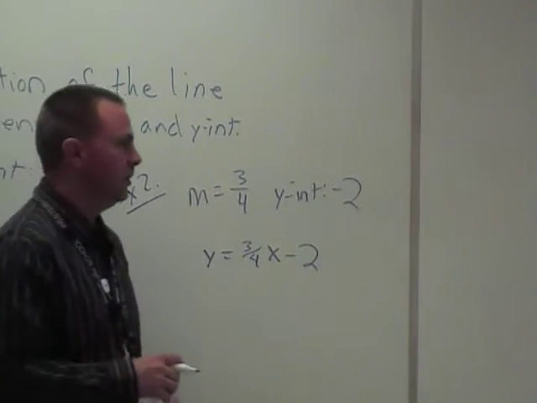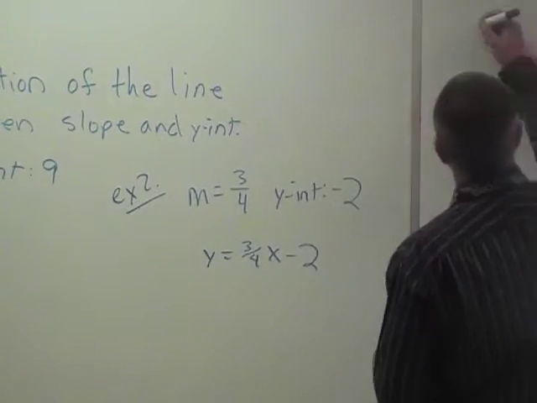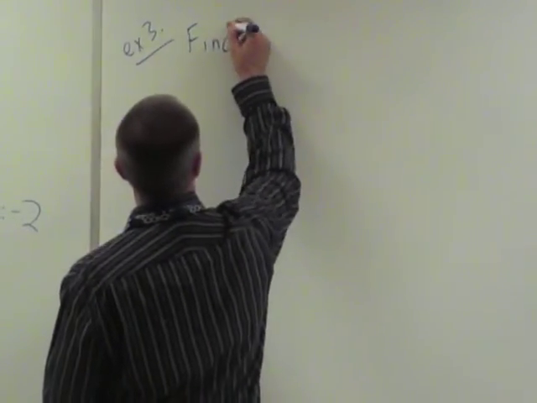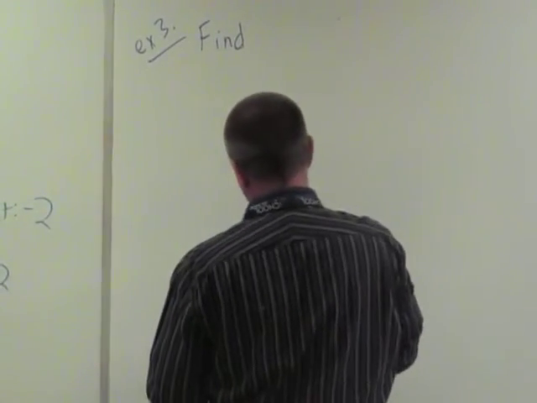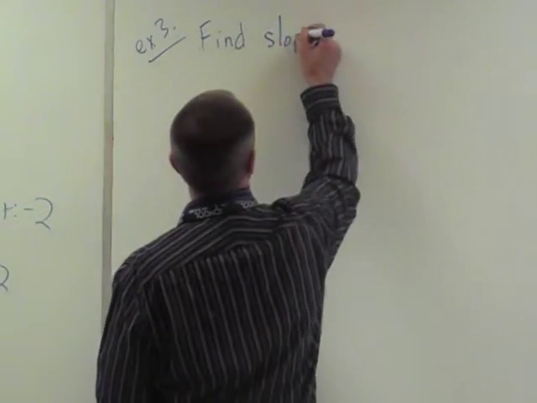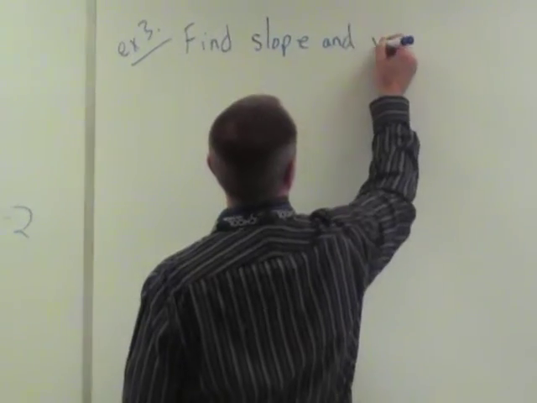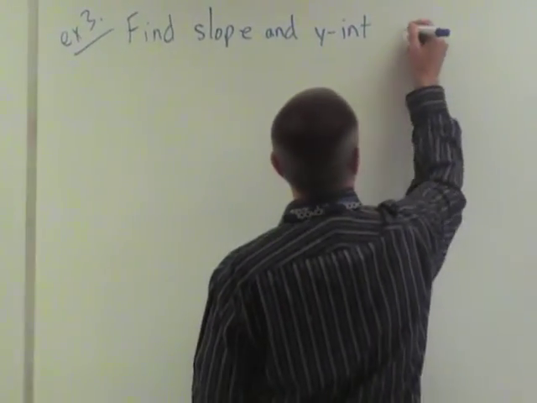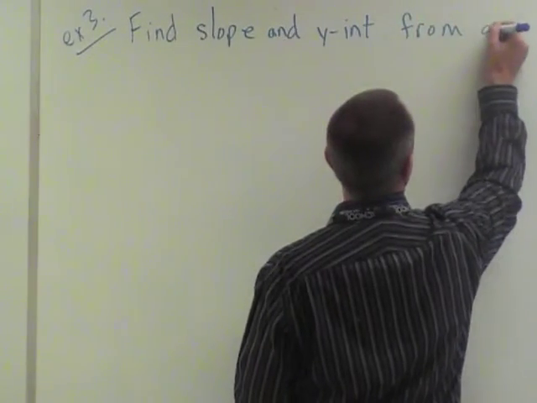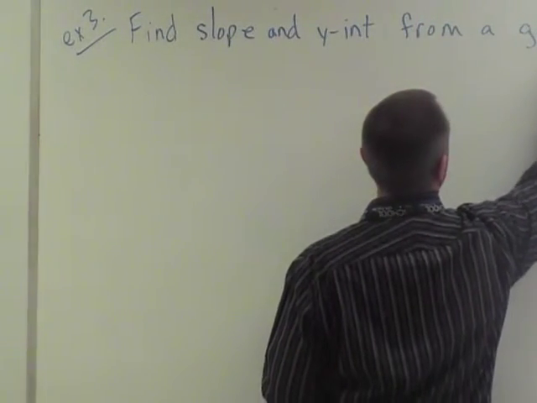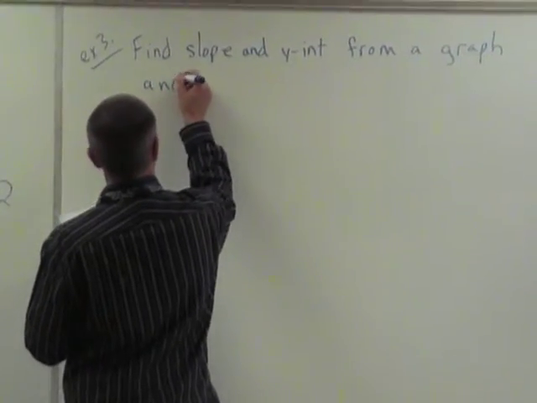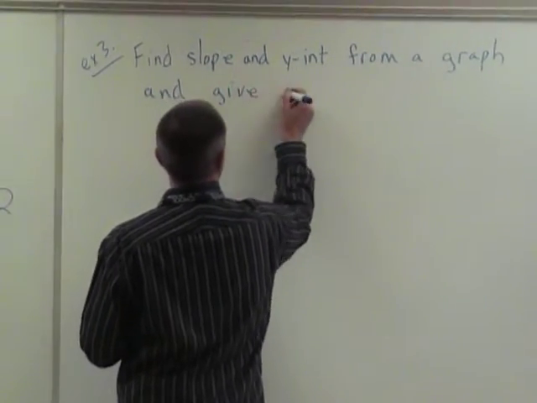All right, here we go. Example 3. Find the slope and y-intercept from a graph and give the equation.